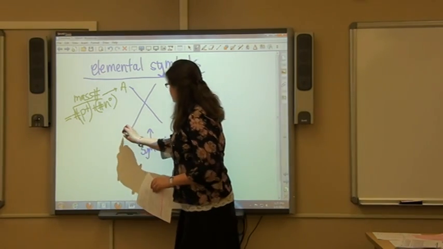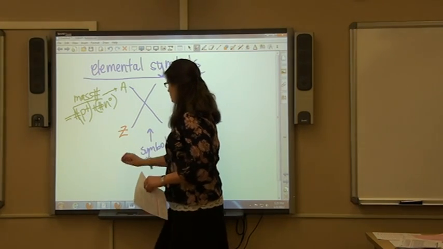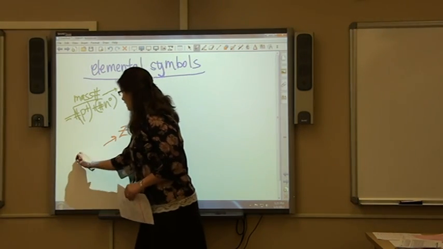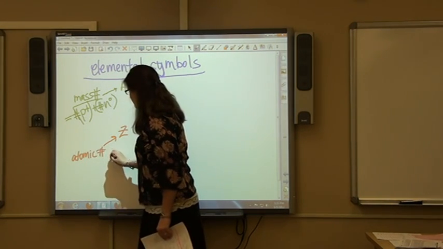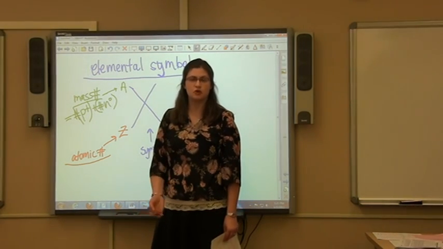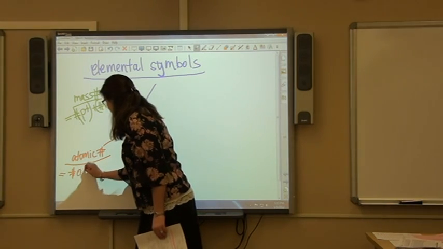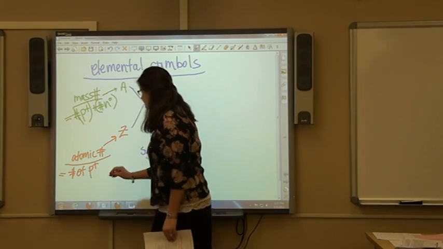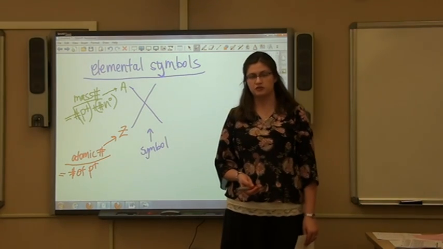Okay, so then down here on the bottom left, you can place a number, and that number is referred to as the atomic number. The atomic number is calculated by the number of protons the atom has. Remember I said that every atom has a unique number of protons?